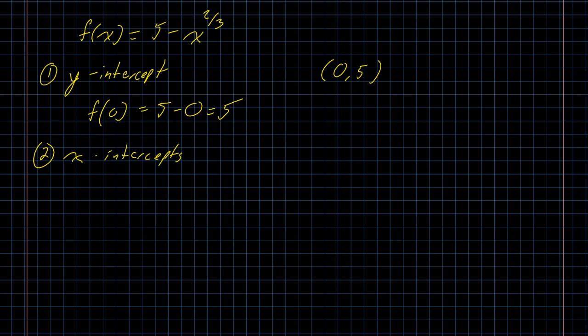Continuing with the algebra skills of analyzing a graph, we can look for x-intercepts. X-intercepts are, of course, places where f of x is equal to 0, which means that 5 minus x to the 2/3 power is equal to 0, which means that 5 is equal to x to the 2/3 power, and 5 to the 3/2 power is the value of x.